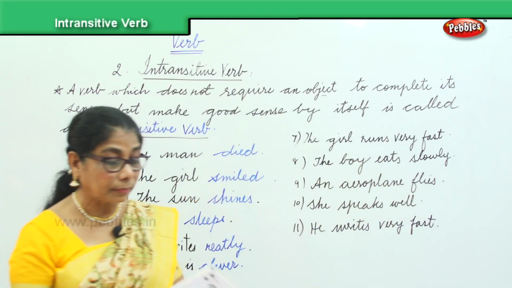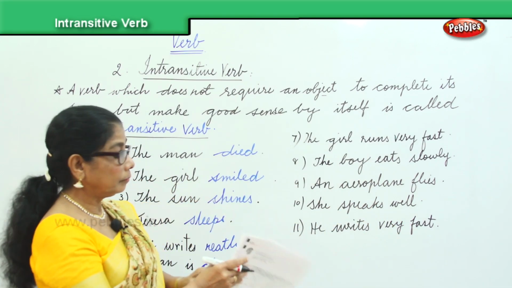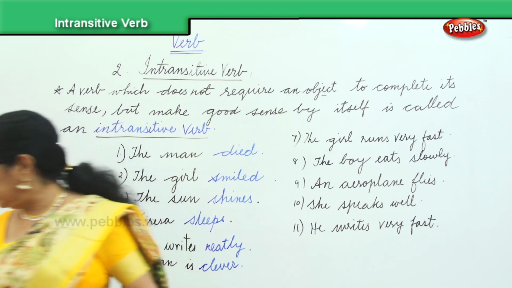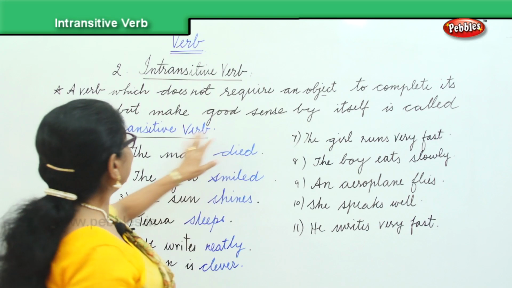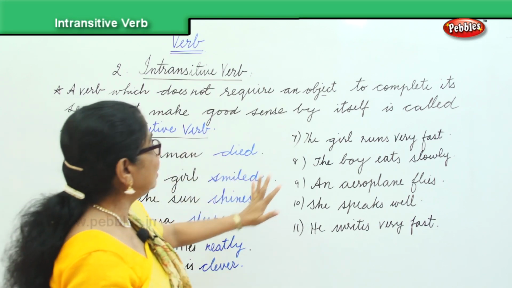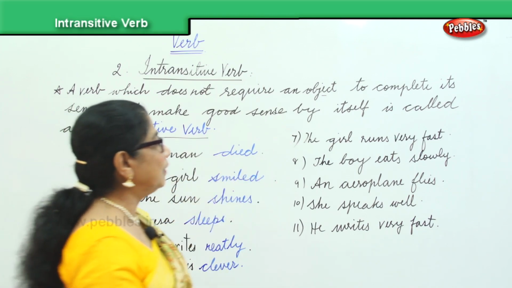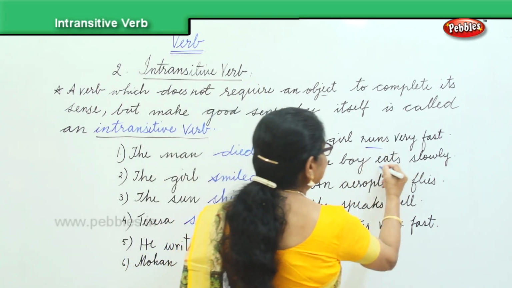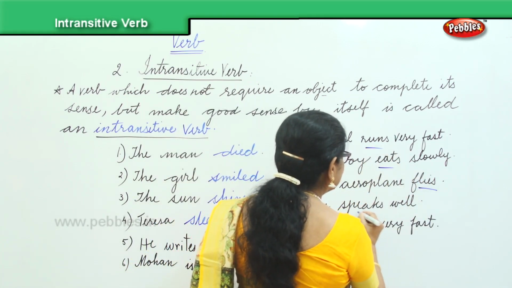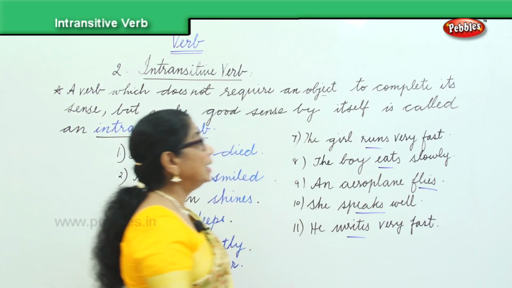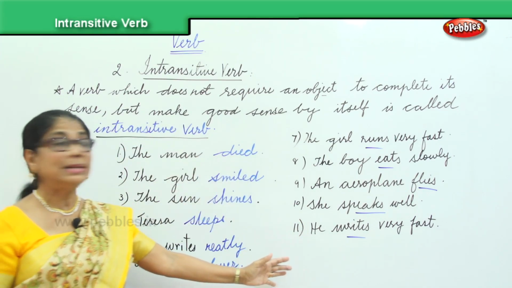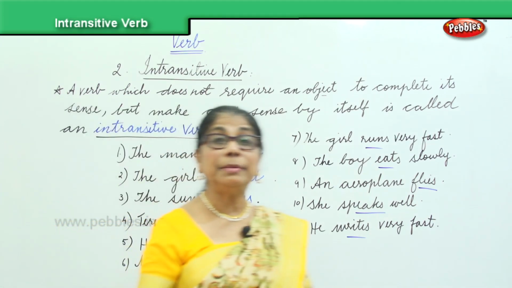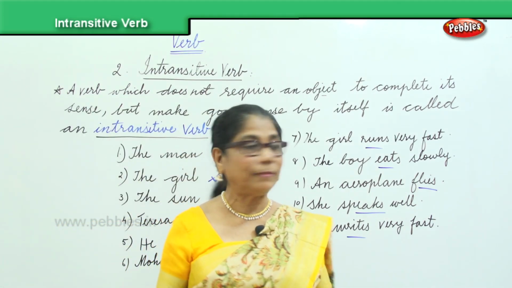Now, look at these sentences here. What do we have here? These are all intransitive. The girl runs very fast. The boy eats, airplane flies, he speaks, he writes. Remember, all these intransitive verbs make sense by themselves.